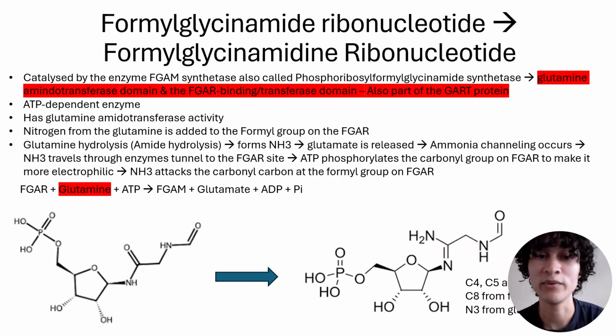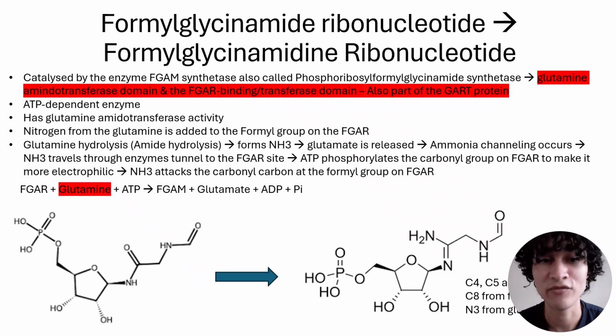Once we get our formyl glycinamide ribonucleotide, it's shifted from the FGAR domain to the FGAM domain, and that domain transfers an amine group from glutamine onto the formyl group on our formyl glycinamide ribonucleotide.